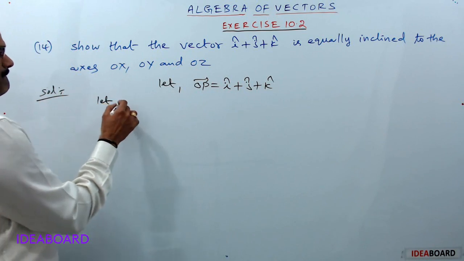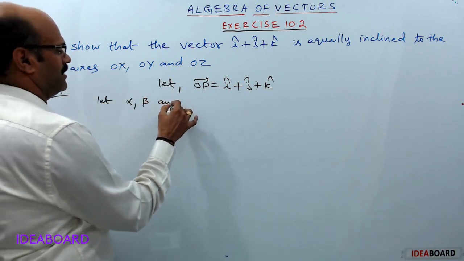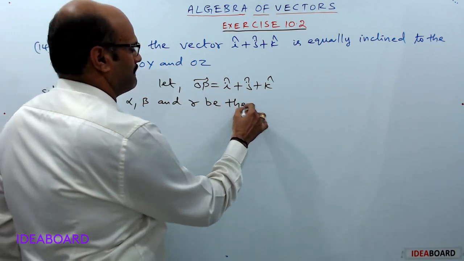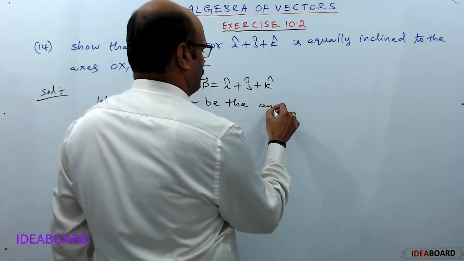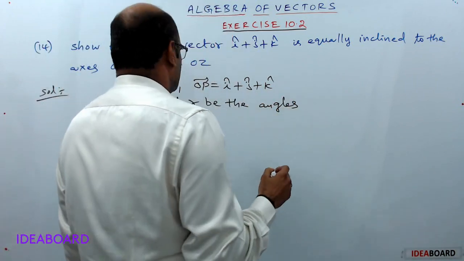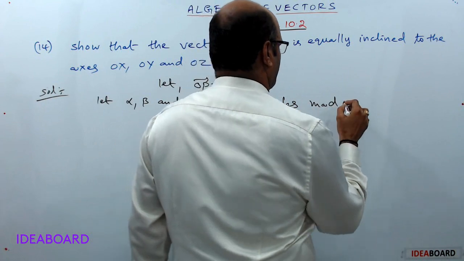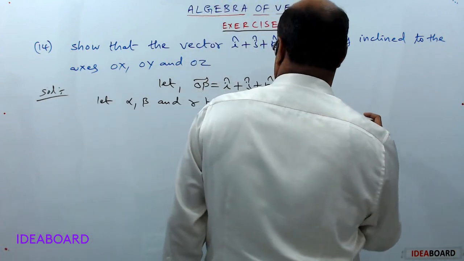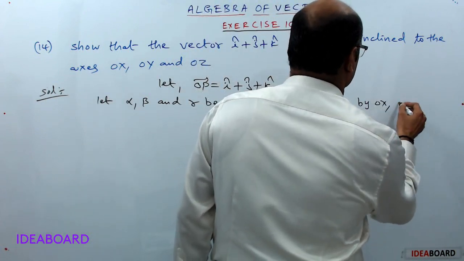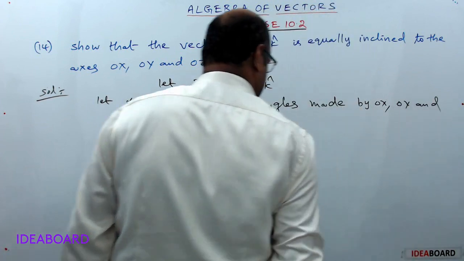Let alpha, beta and gamma be the angles made by OX, OY and OZ respectively.